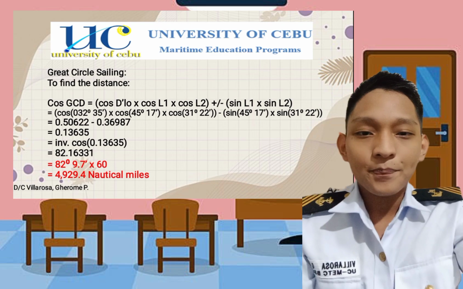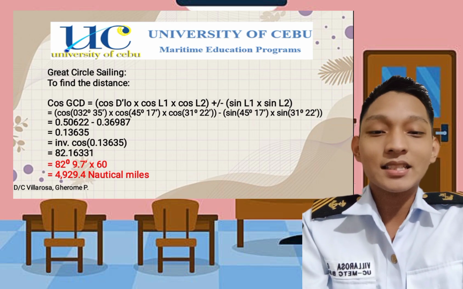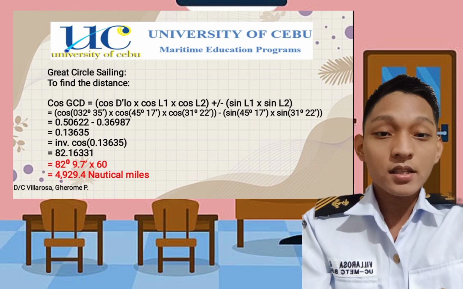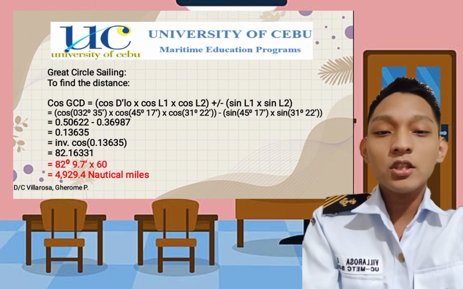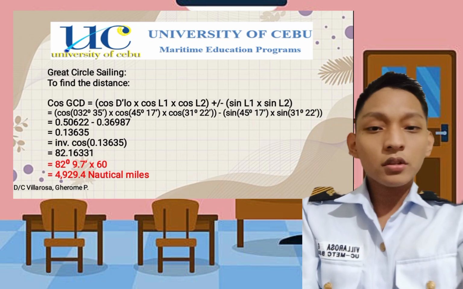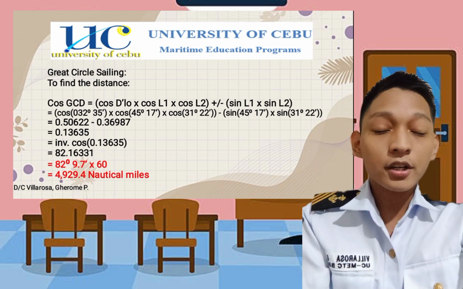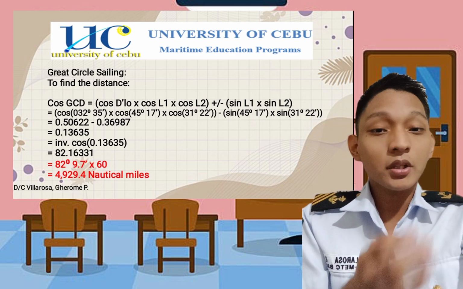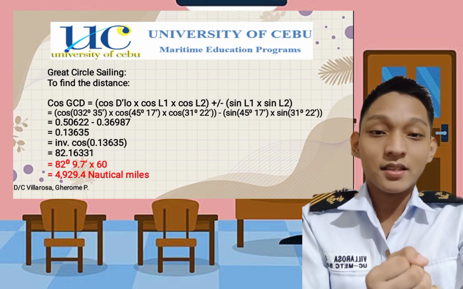Next, if we subtract, we will get 0.13635. Taking the inverse cosine, cosine negative 1 of 0.13635, we will get 82.16331. With our calculator in degrees, we will get 82 degrees 9.7 minutes.